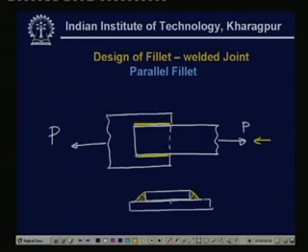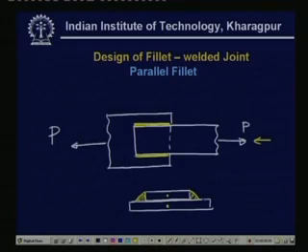Now, it carries a load P. So, the P is acting over here and there in two opposite directions. The arrow direction is towards the reader or away from the reader. If you want to design for the strength, you have to consider the cross section where the joint is most vulnerable, and that is clearly the cross section here.